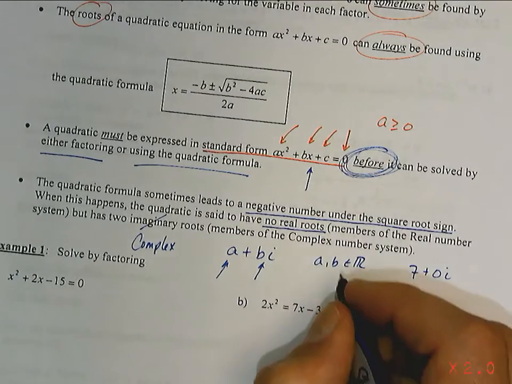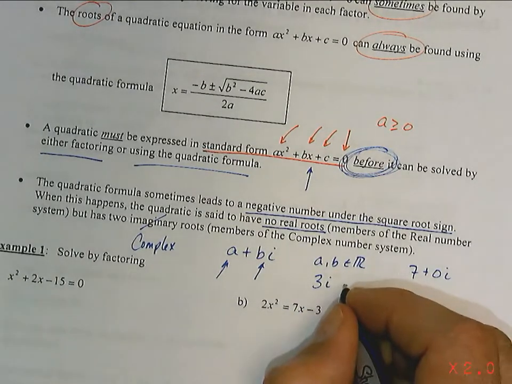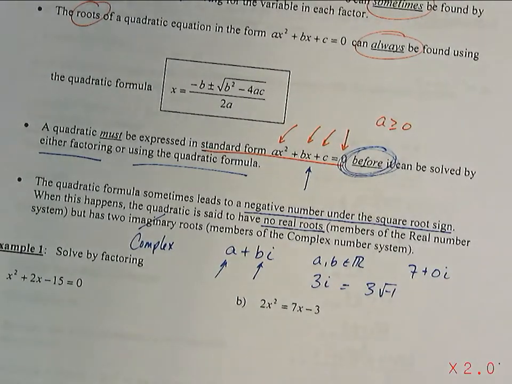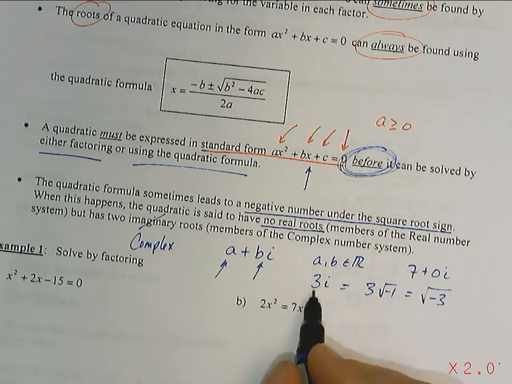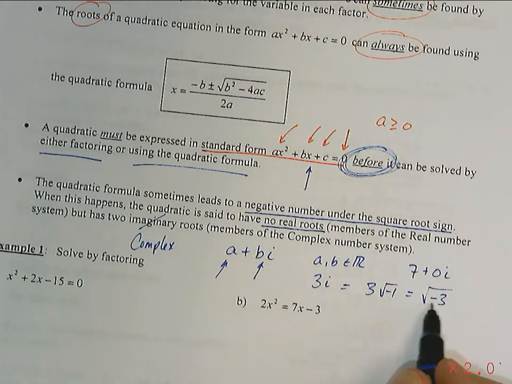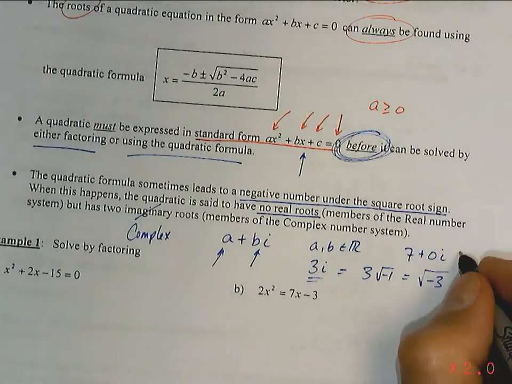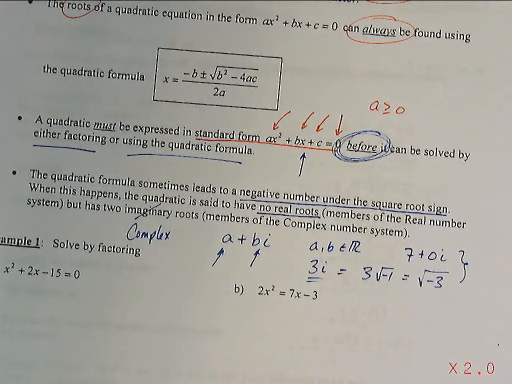So a completely imaginary number would be something like 3i. And as you know, that came from 3 times the square root of negative 1, which is the square root of negative 3. So 3i is equal to the square root of negative 3, but we prefer to write it like this. And we've had a lesson on that, and if you're a little bit confused on that, go back over your complex number system, and it's a couple of posts ahead of this one.